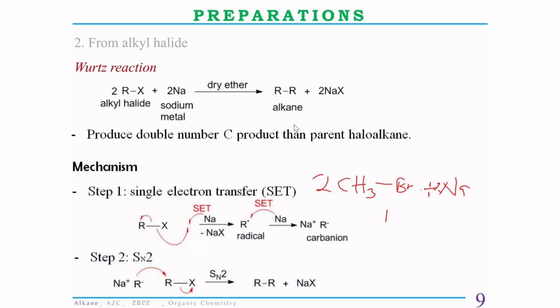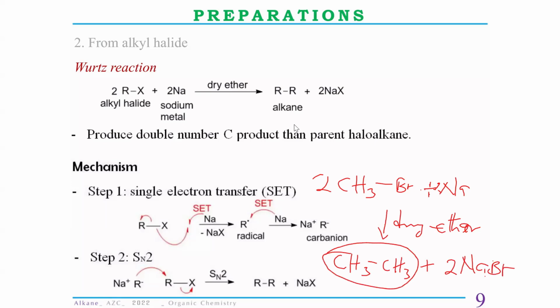In the presence of dry ether, we are going to get CH3-CH3 plus 2 molecules of sodium bromide. So at the end, if you look at this, we have what we call ethane. This is ethane. So this is how we get alkanes from alkyl halides using the Wurtz reaction method.